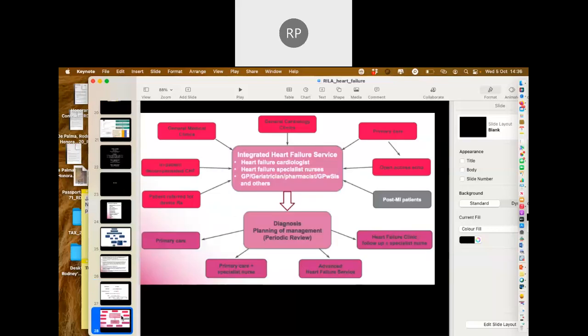My last slide here before questions, because I know we're running out of time, is that heart failure really is a multidisciplinary sport. You do need to have not just a clinician specialist such as a cardiologist, but you do need specialist nurses. You need primary care practitioners involved.